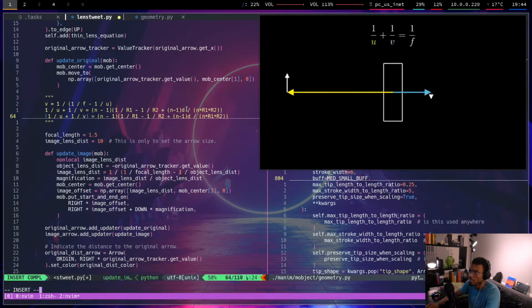It's times like this when I wish I had a pencil and paper. Or like a pad. Divide by n minus 1. Then I get this. That minus that plus that. Okay, subtract this over. So it'll be plus minus 1 over R1 plus 1 over R2.